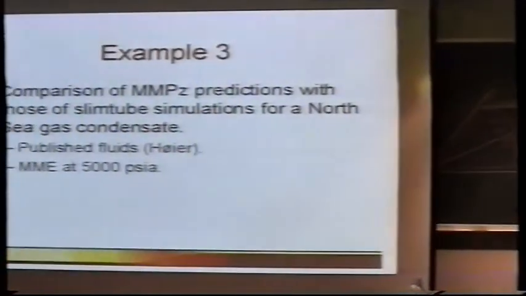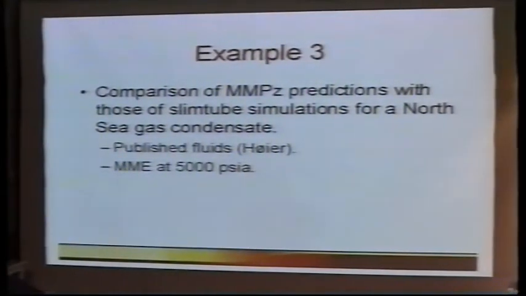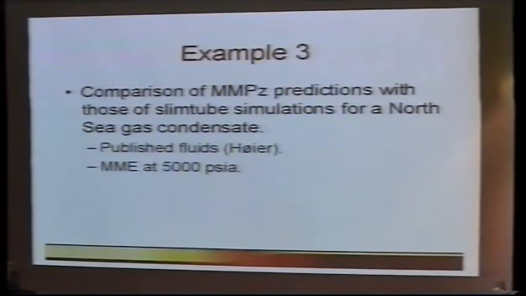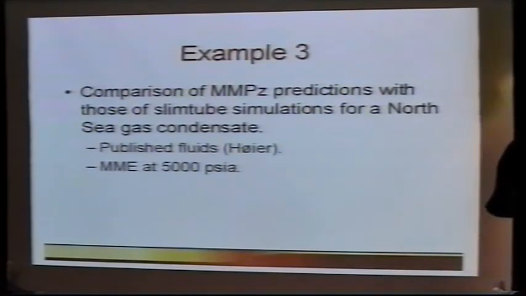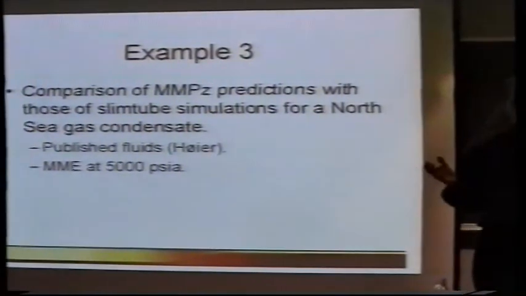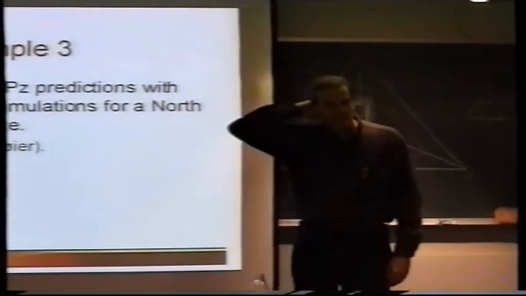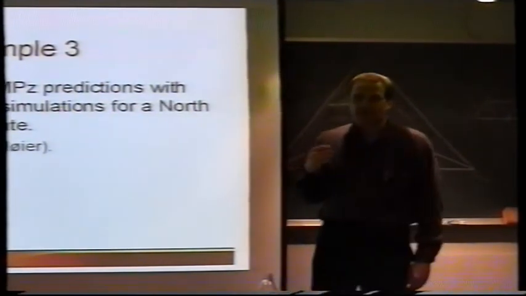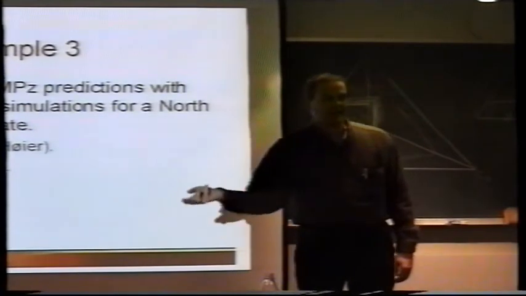Okay? Now, example 3, comparison of MMPZ predictions with those of slim tube simulations for a condensate system. Now, the guys who do the method of characteristics, they can't even handle a condensate system at all. And most people haven't even thought about, well, what's the minimum miscibility condition for displacing a condensate by gas.